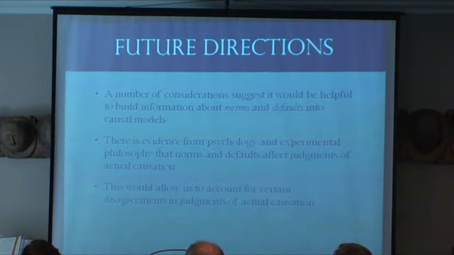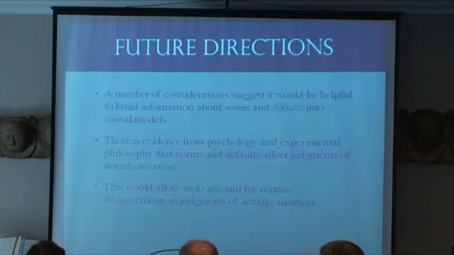Another advantage is that this would allow us to account for certain disagreements in judgments of actual causation. One straightforward example is the lot of discussion about causation by omission. Can a doctor cause somebody to die by withholding medicine?